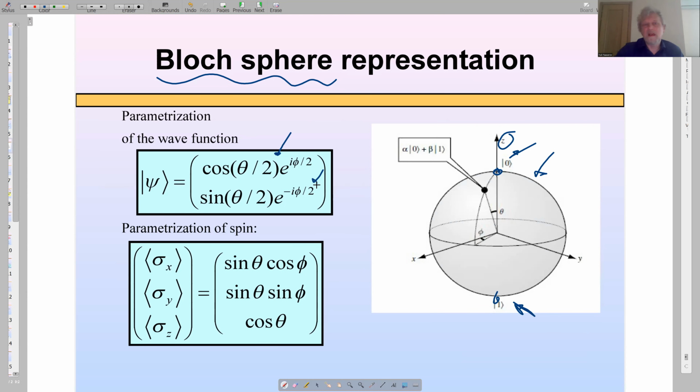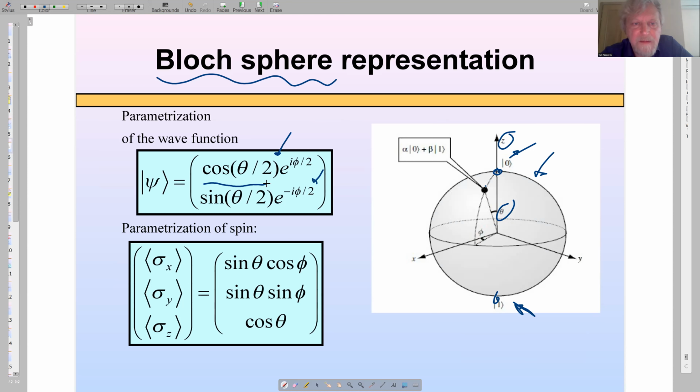These two numbers. And let's associate these coefficients with angles in a spherical coordinate system, angle theta, angle phi. All right.